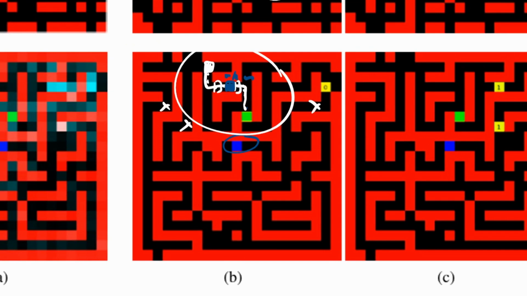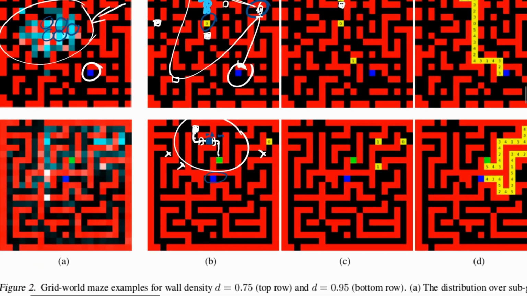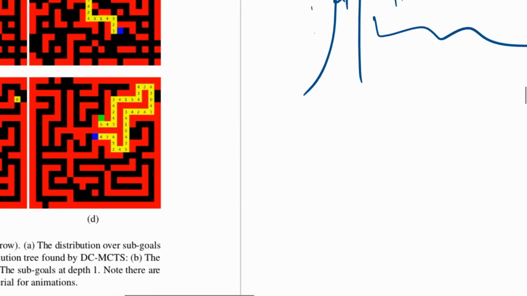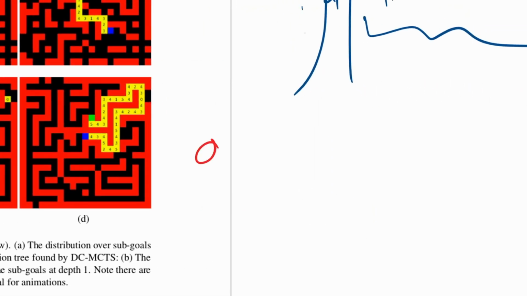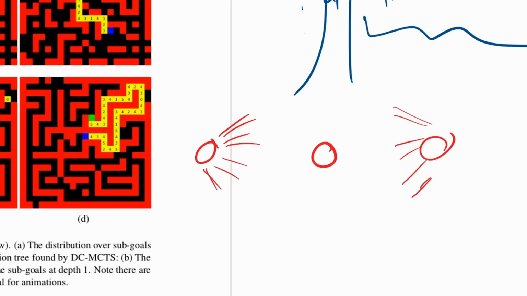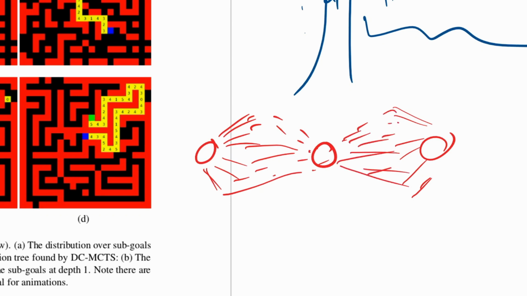Then, given that you have such a good predictor, the problem needs to be such that if you have a start state, there could be many ways to go about reaching the end. And if you have an end state, there could be many ways from where you could come from. But there is like some bottleneck state in the middle where you're pretty sure that you're going to have to pass through it. So if your problem is of that nature, right?